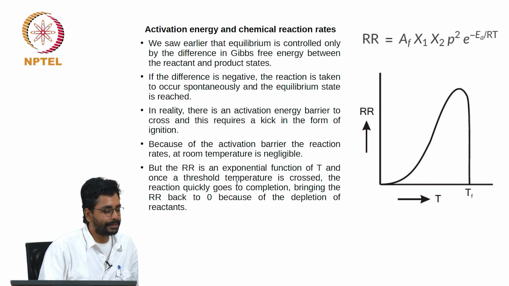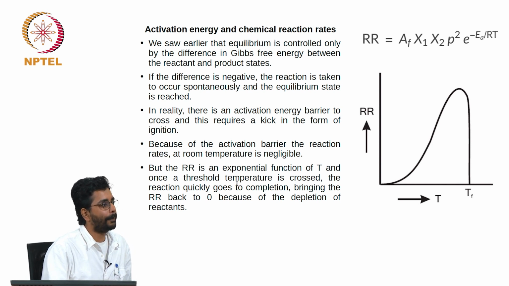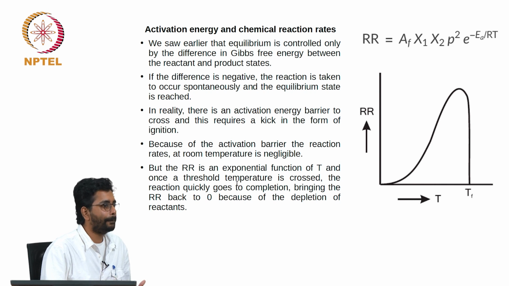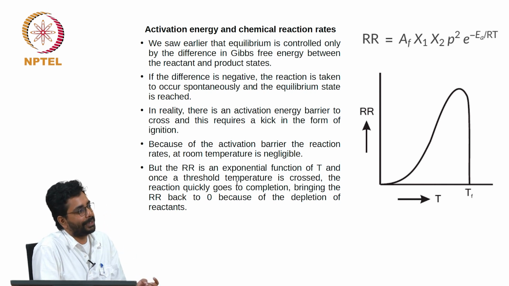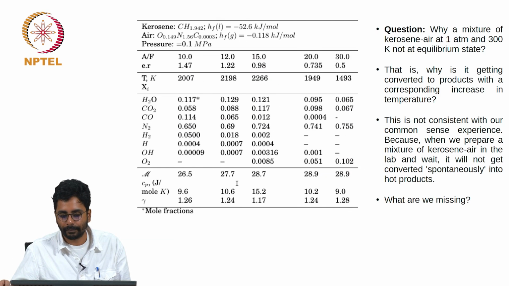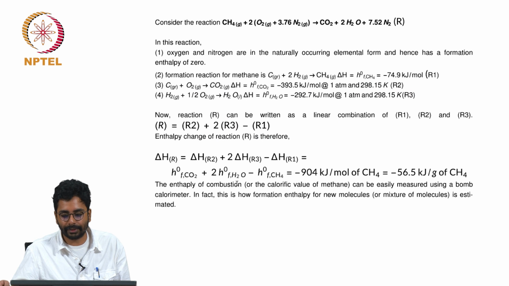It is difficult to measure reaction rates, but there are simple ways by which we can get an estimate of the overall order of the reaction rate by quantities that are easier to measure compared to reaction rate. For example, I showed an equation for the reaction rate which I use for calculating the flame thickness.